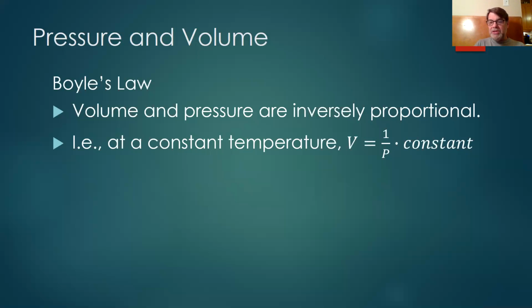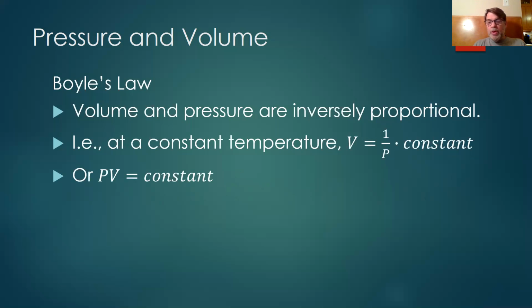That's what we mean by saying something is directly or inversely proportional: if they're inversely proportional and you graph it with the inverse, you get a line. If you graph volume and pressure to each other, you get a kind of curve on a PV diagram, pressure volume diagram. Well, okay.